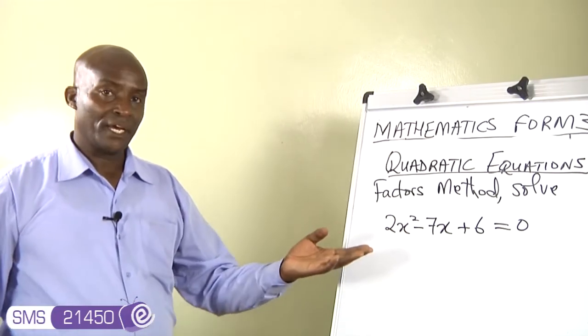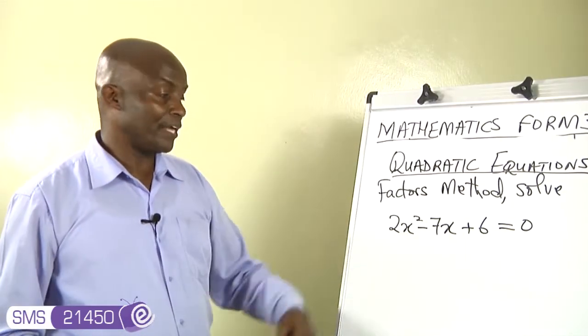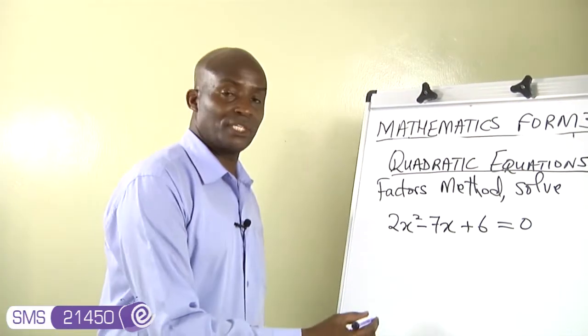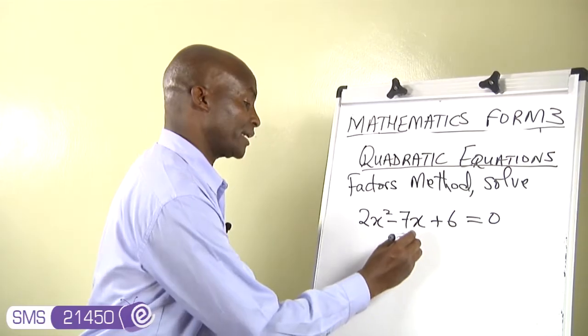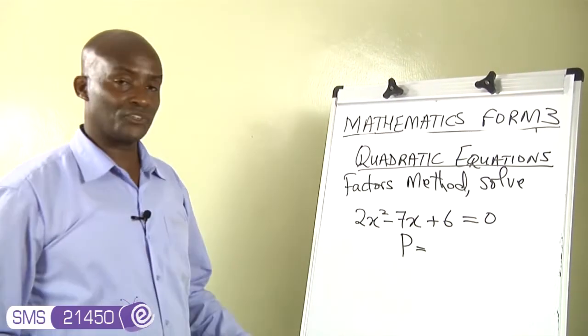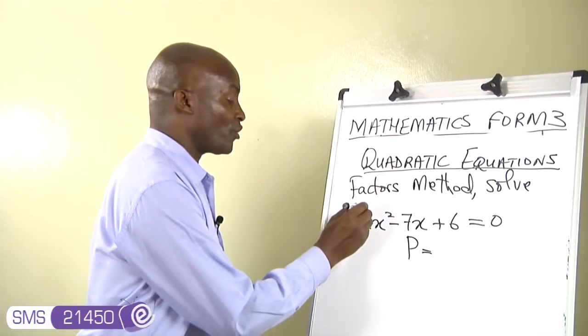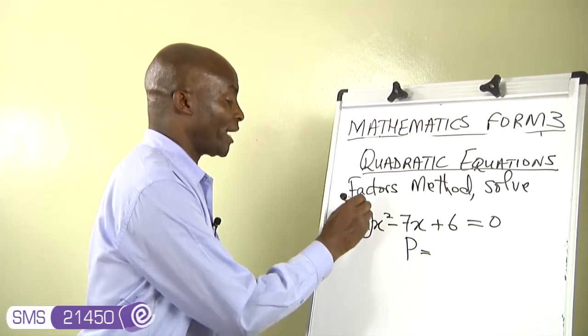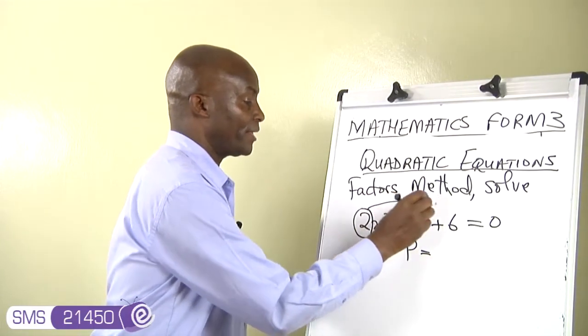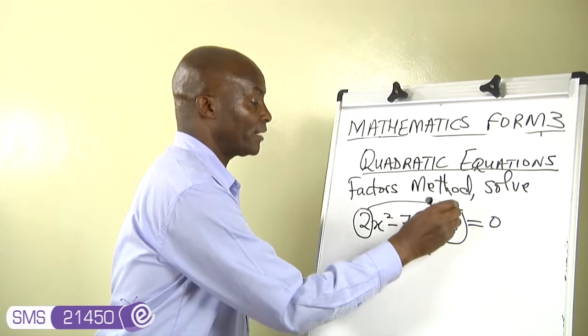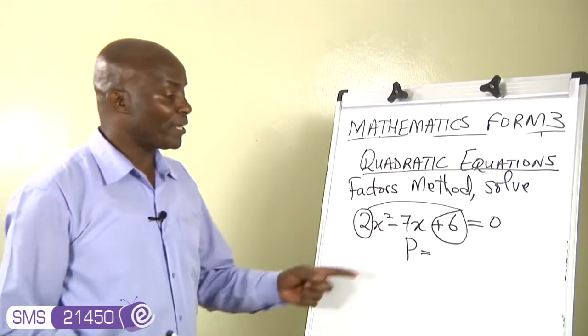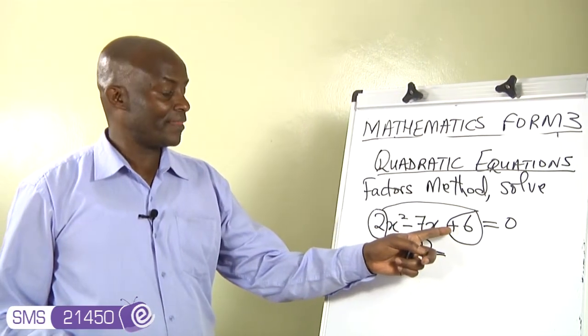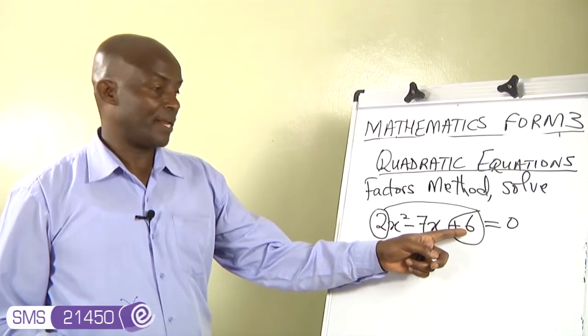Now, if you can recall, for this one, we had to say the product. The product is normally given by the coefficient of x squared and the constant. And always you must consider the sign that comes before the constant.